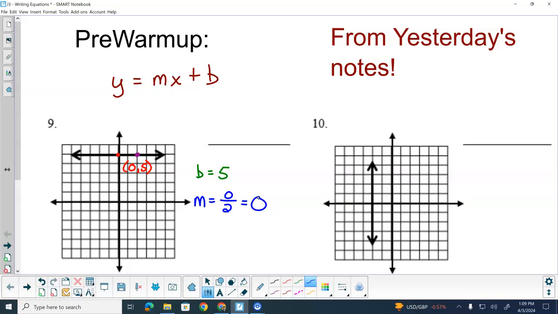We said that we put everything in y equals mx plus b, right? Okay. So if I put this in y equals mx plus b form, it would be y equals 0x plus 5. Do I like y equals 0x plus 5? Why not?